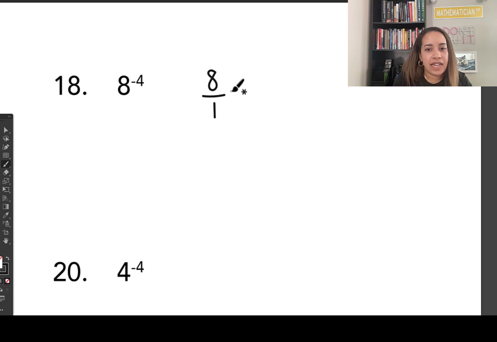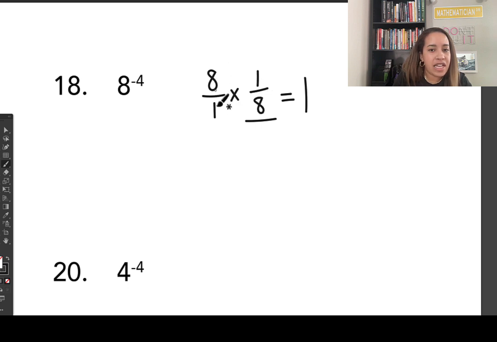So the first thing I need to do is find the reciprocal of 8. To find my reciprocal, I'm asking myself, what do I multiply 8 over 1 by to get 1? My reciprocal is going to be 1 over 8.